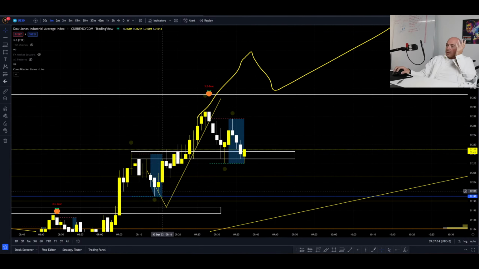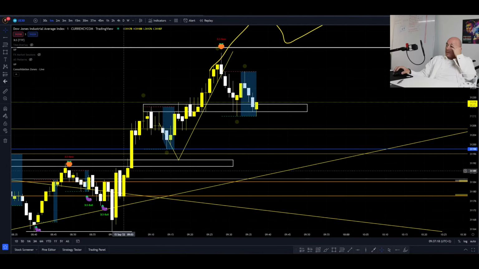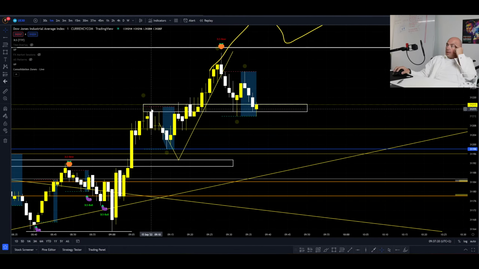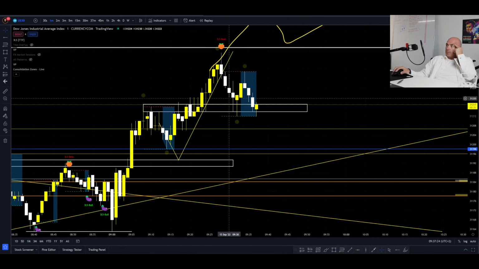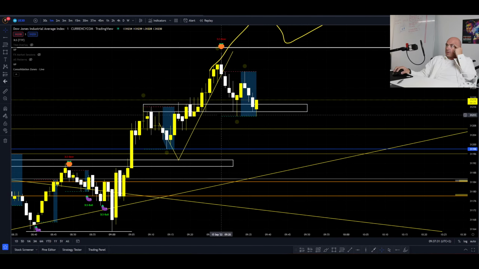The reason I was contemplating it, right? So we started, sorry, I forget to talk sometimes. Had a nice move up, pushed down, rejected, pushed up, came down. This was a fib gold zone, which was also the previous structure right here.